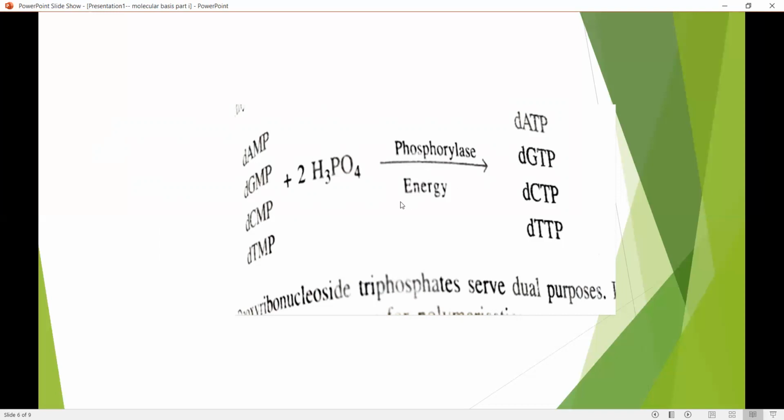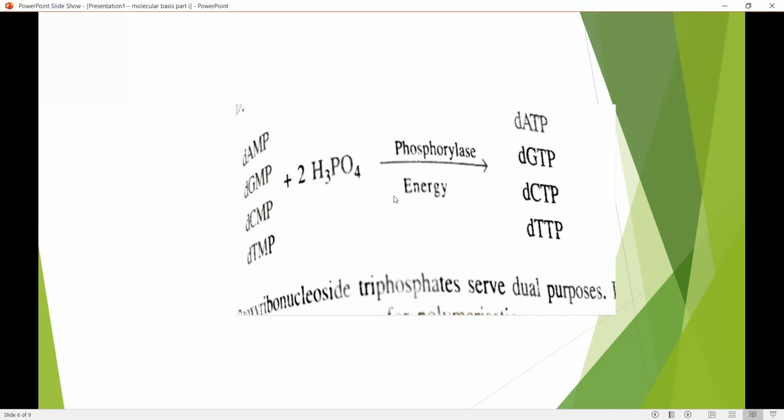Energy is required for the conversion of monophosphate into triphosphate during the replication of DNA and during the formation of mRNA, etc. When they are inactive, they remain in the nucleus in the form of AMP, GMP, CMP, and TMP. And the small letter d denotes that the sugar is deoxyribose sugar.